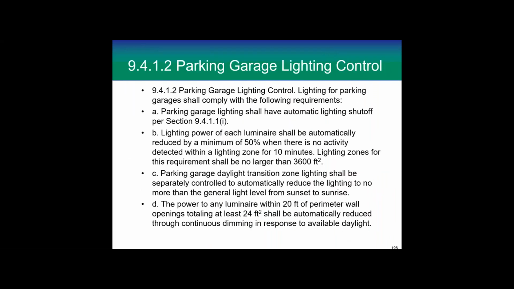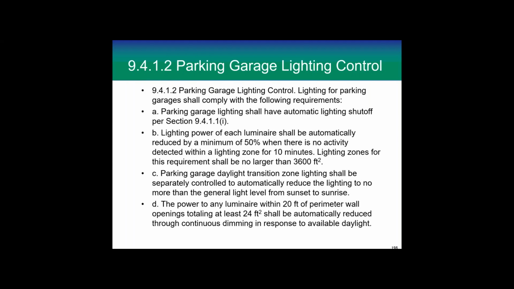Anyway, so now parking garage lighting control. You're in your parking garage, and your lighting shall automatically shut off if there's nobody in the parking garage, no movement at all.